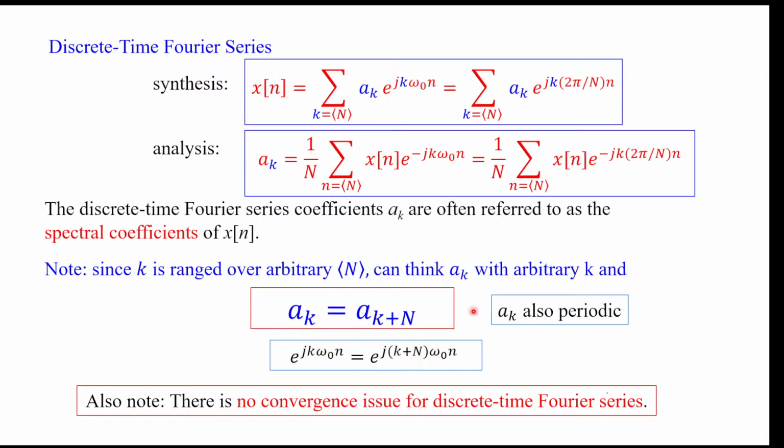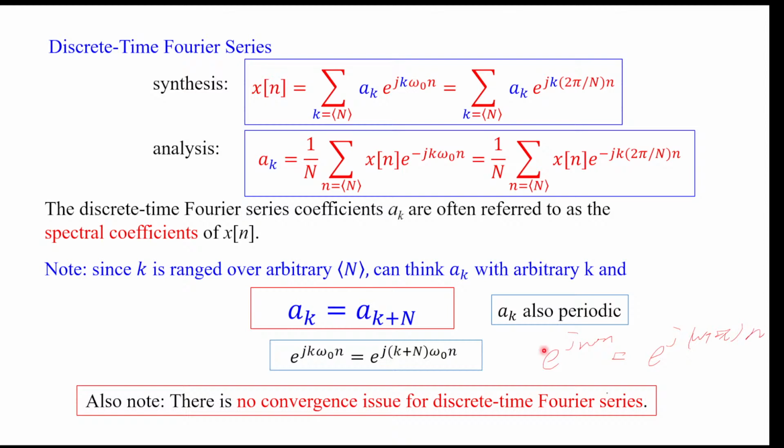This goes back to the fact that for the discrete-time case, e to the j omega n equals e to the j (omega plus 2 pi) n. Just a little bit of connection.